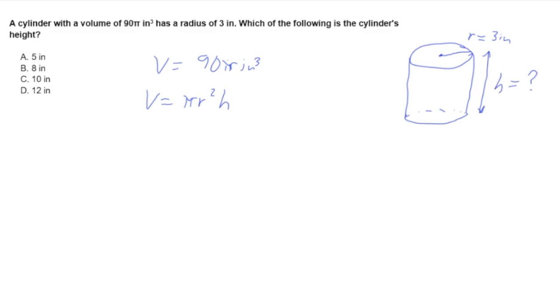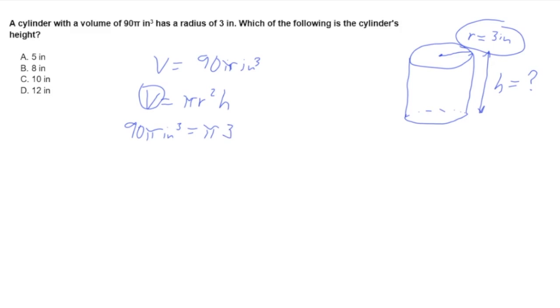All right, well, now let's plug in what values we have. Well, we've got the volume, so we know that's 90 pi inches cubed is equal to pi, and we've got the radius over here. We know that's 3 inches.